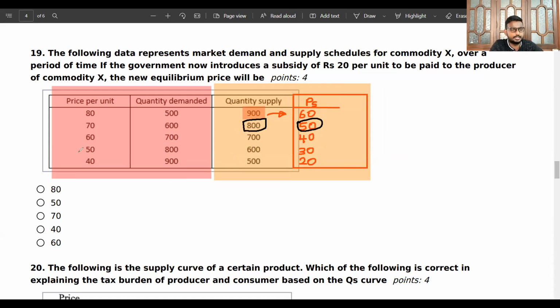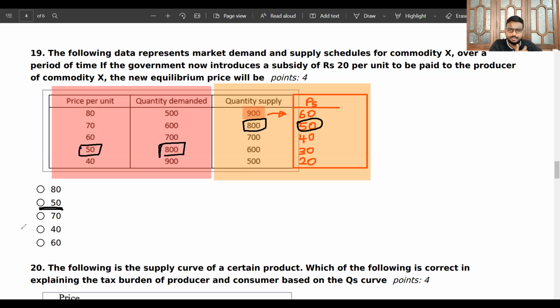Take that 50 rupee in the demand schedule. For 50 rupee price, consumer agrees to buy 800 units. Now, you see producer price, consumer price are equal at 50, and at that price, demand and supply are also equal. So the answer for this question is 50 rupees is the new equilibrium price after the subsidy of 20 being provided.